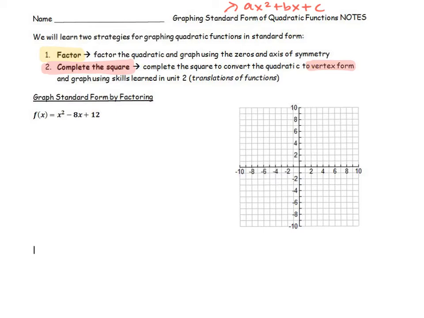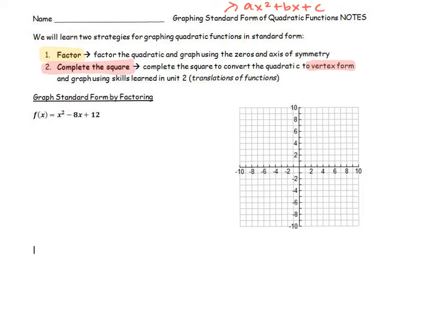So again, the first strategy is to graph standard form by factoring, and this should be a bit of review. Here's our example. f of x equals x squared minus 8x plus 12. You may have learned multiple strategies for factoring, so whatever strategy gets you to your final answer, we're ideally looking for two numbers that multiply to get positive 12, and when we add them, we get negative 8.